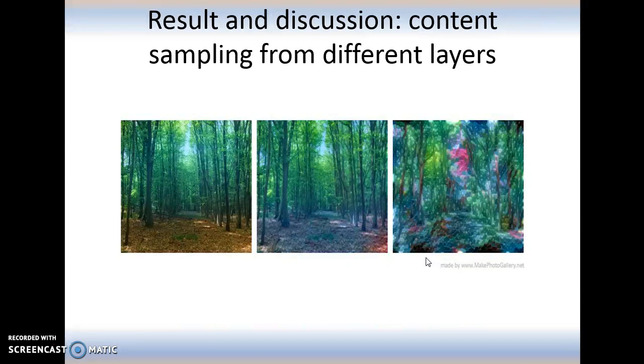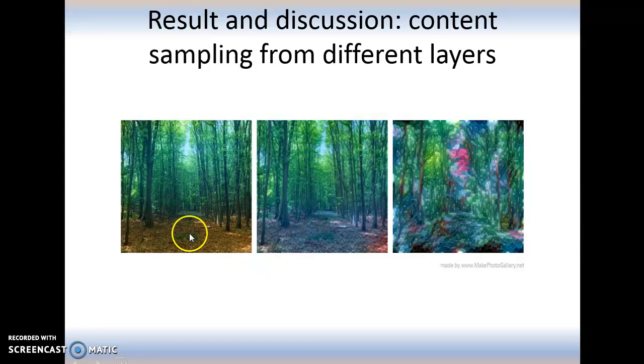The second factor we're going to talk about is sampling from different layers. By sampling the content features from different layers, we can obtain different effects on our output image. Here we use 3 different layers to extract the features of content.